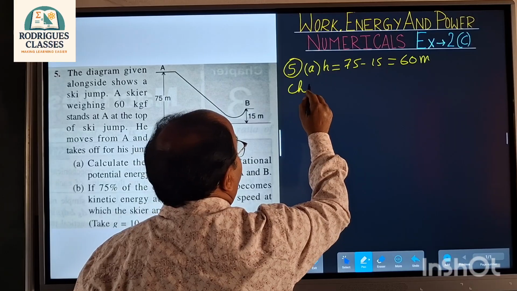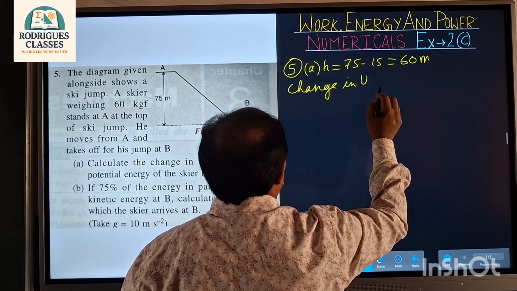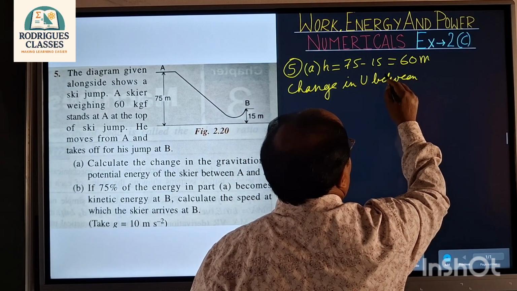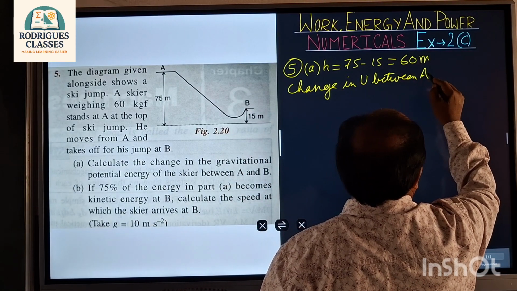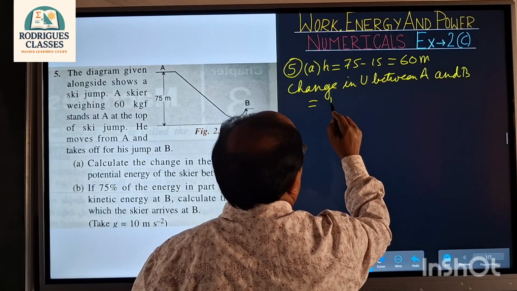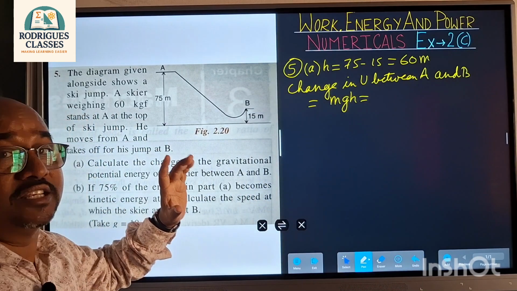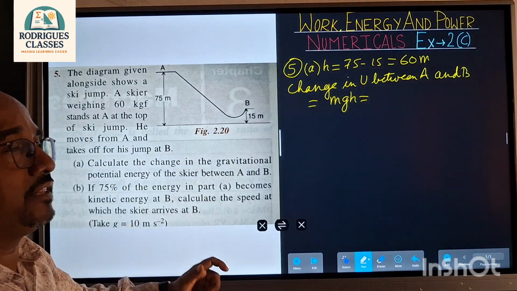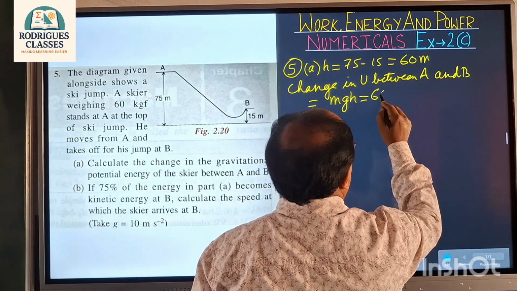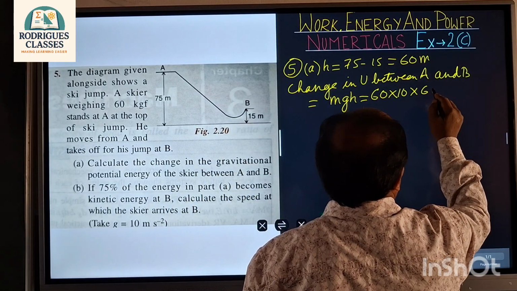So I will write change in potential energy between A and B is equal to mgh. So 60 kgf is the weight given. I can take the mass as 60 and g value as 10. So 60 into 10, and the difference in the height we have got is 60.